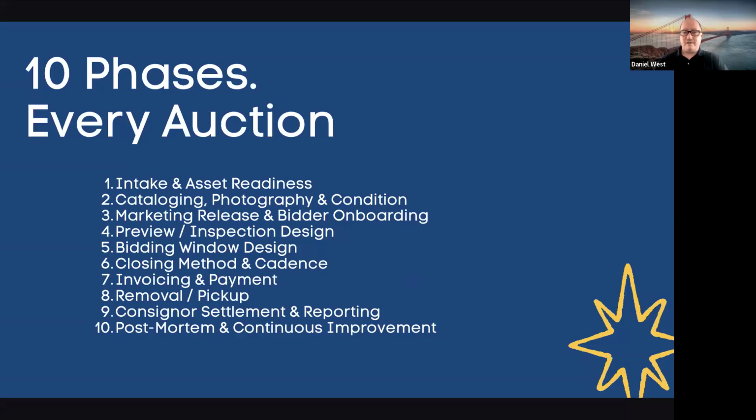And that leads to this continuous improvement cycle. I'd say that the majority of auctioneers totally skip that step, but not performing a postmortem analysis of an auction is a critical mistake.